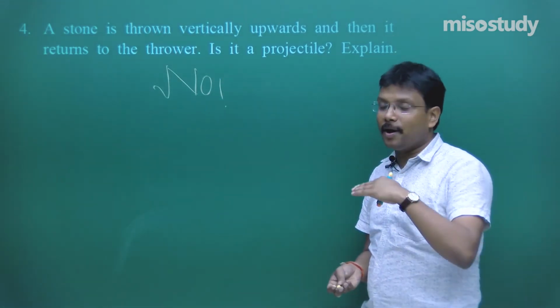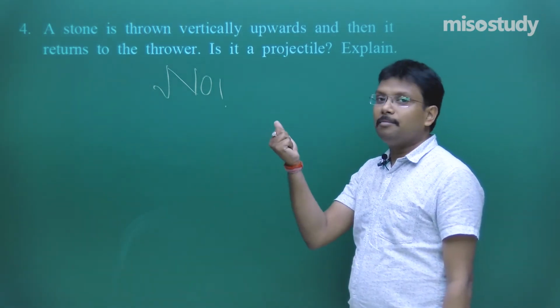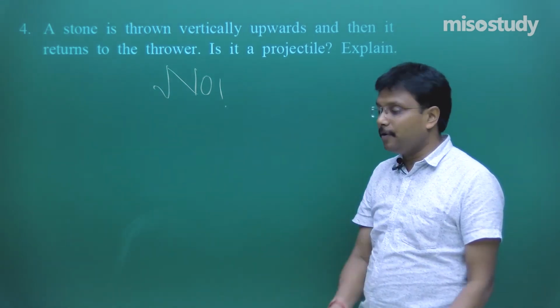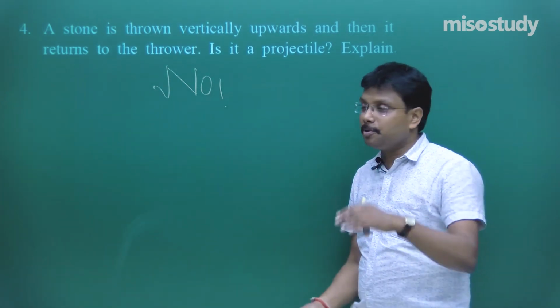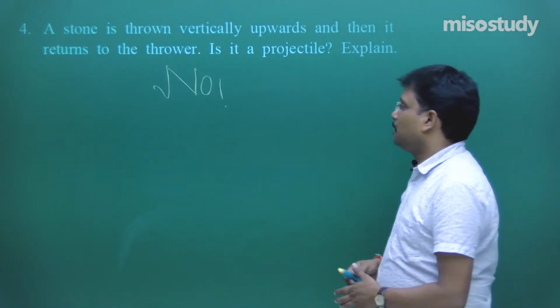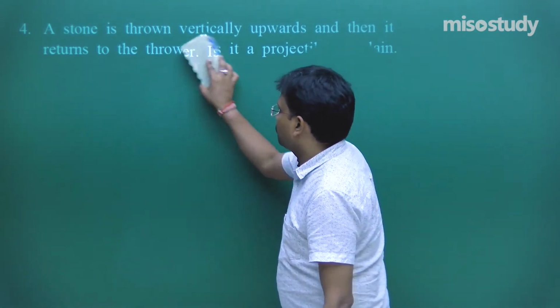No x, no y components. Only one component of velocity. For a projectile it should be 2, like this, up and then down.